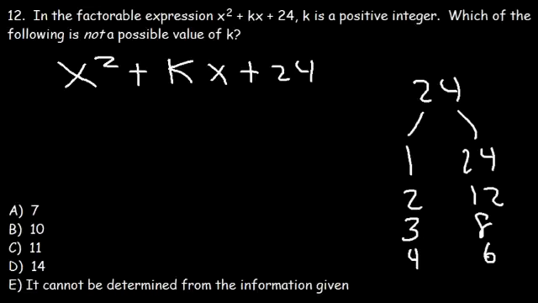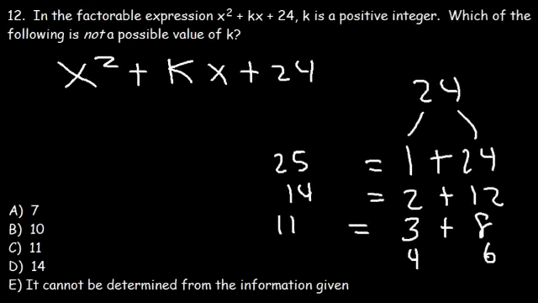Each of these pairs of numbers multiply to 24. 2 times 12 is 24, 3 times 8 is 24, 4 times 6 is 24. So now we're going to add each of these numbers. Because k is the sum, 24 is the product, but k is the sum. 1 plus 24 is 25. 12 plus 2 is 14. 3 plus 8 is 11. And 4 plus 6 is 10.